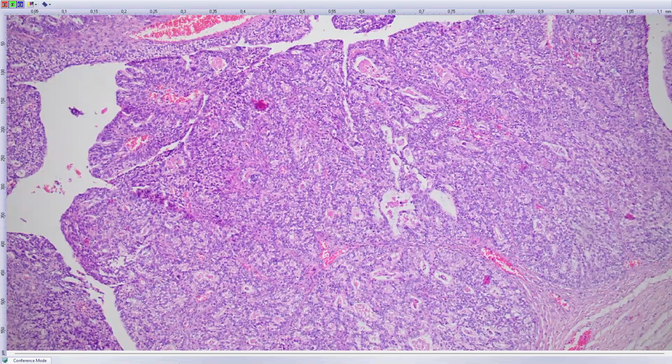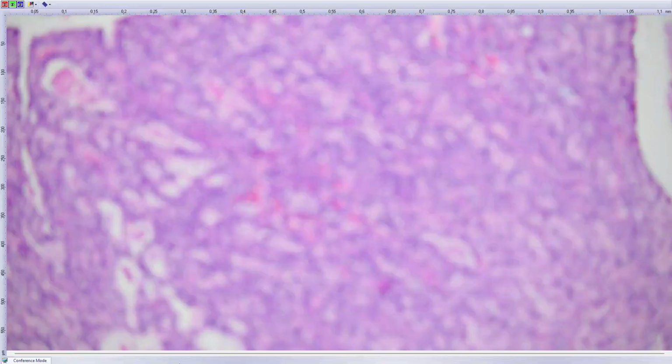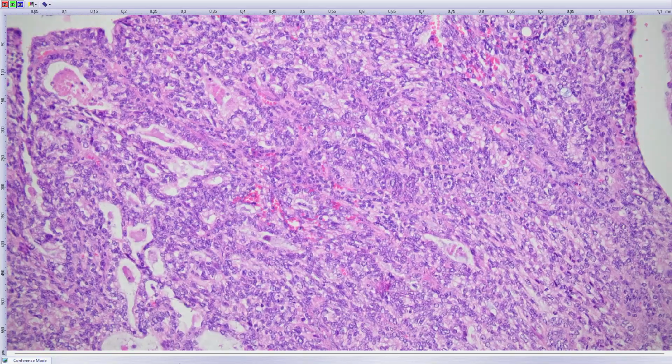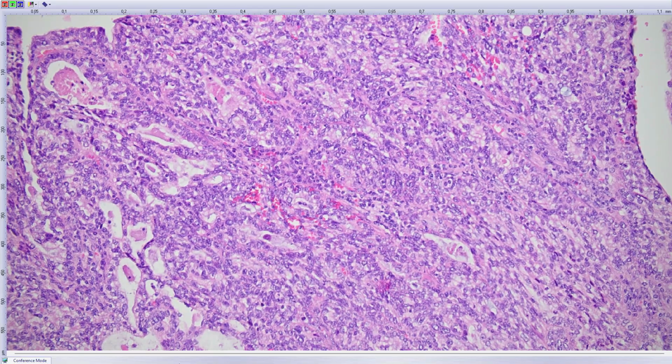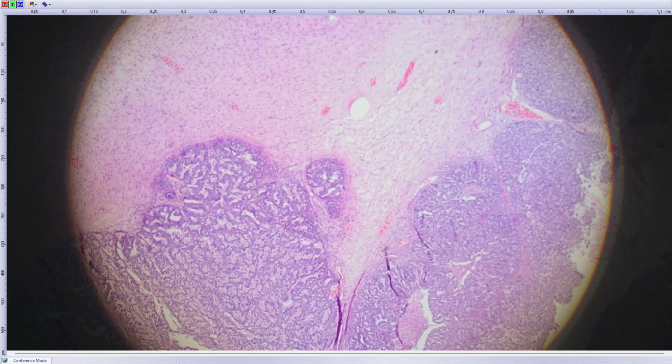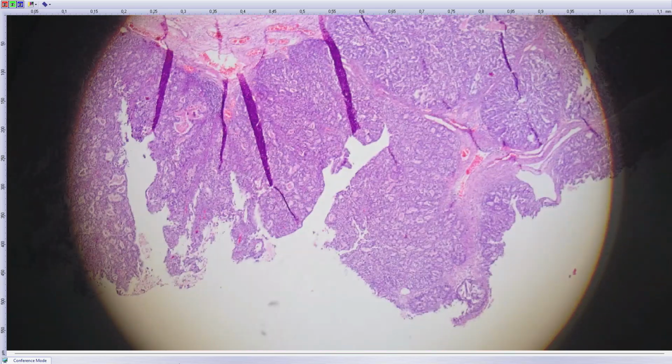For example, here there is more solid morphology. And in other blocks, most tissue blocks here had the solid and endometrioid morphology.